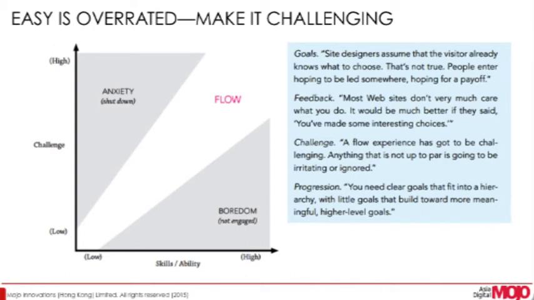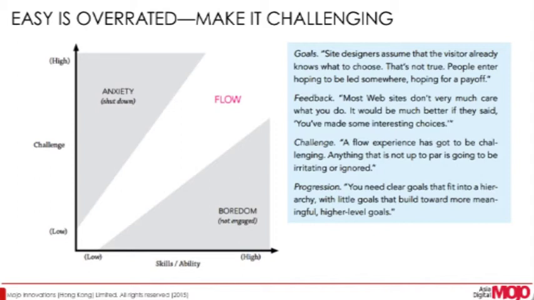First of all, the goal. It's easy to overrate it, so you need to make a challenge in your system. Goals: site designers assume that the visitors already know what to choose. That's not true. People enter hoping to be led somewhere, hoping for a payoff.